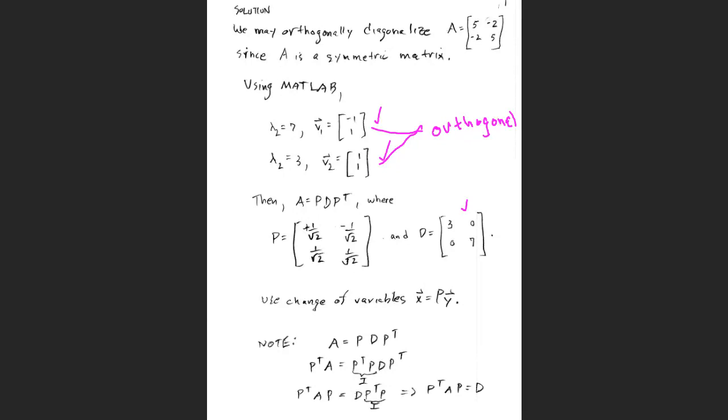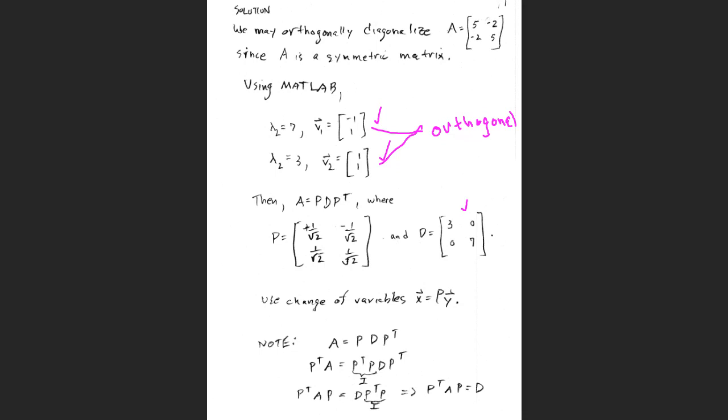Not that I'm aware of. So we just call them eigenvectors and eigenvalues. Normally we'll say eigenvectors corresponding to their eigenvalues. Okay, thank you.